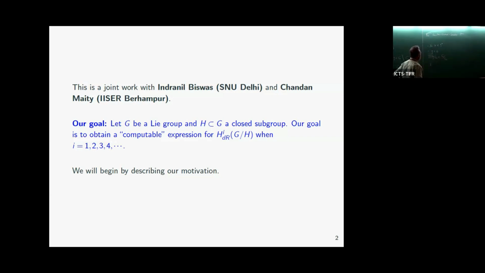G has a natural left action on this coset space G by G_λ, and corresponding to this x, I have the fundamental vector field for which the integral curve is defined by exp(tx). And similarly, I define Y.